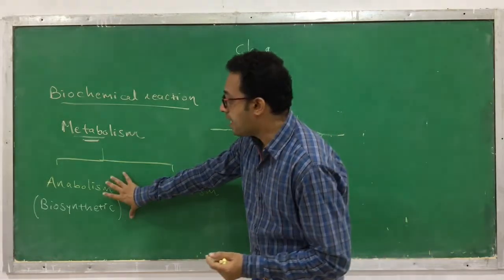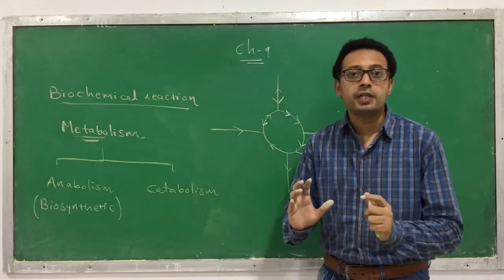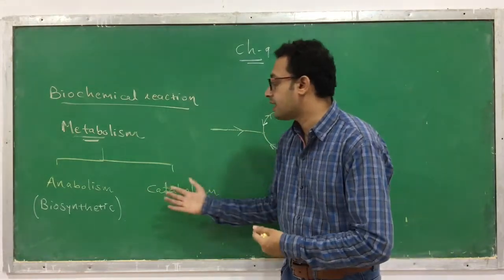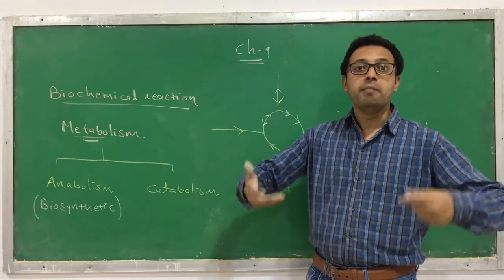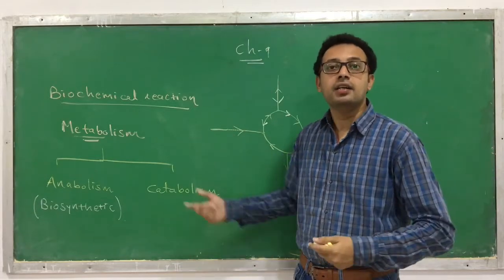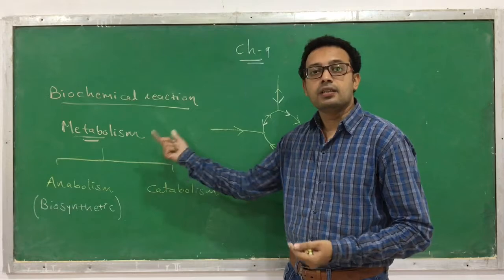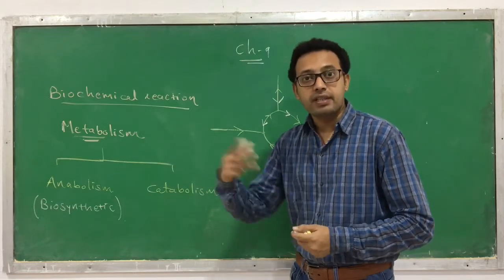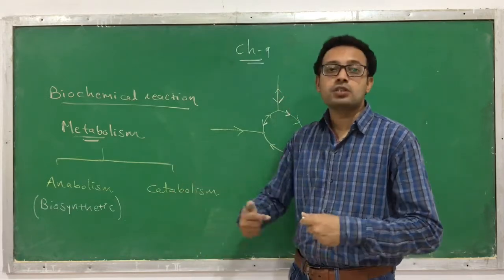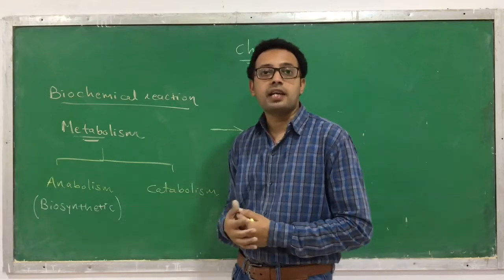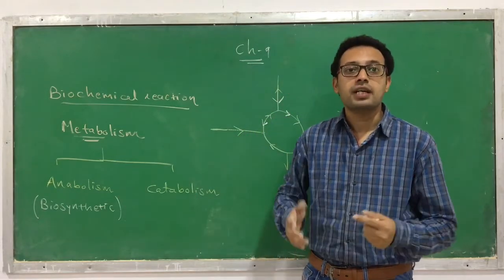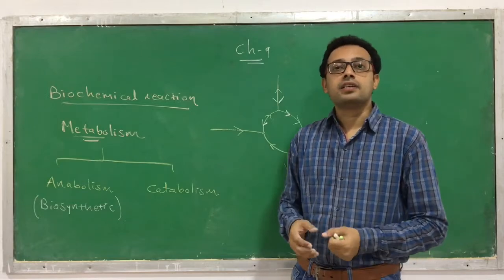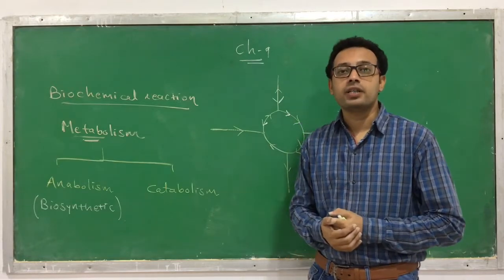If the anabolic process is much higher than the catabolic process, then growth of the body takes place. If the catabolic process, the breakdown process, is higher than the making process, then wear and tear or degradation in the body takes place.